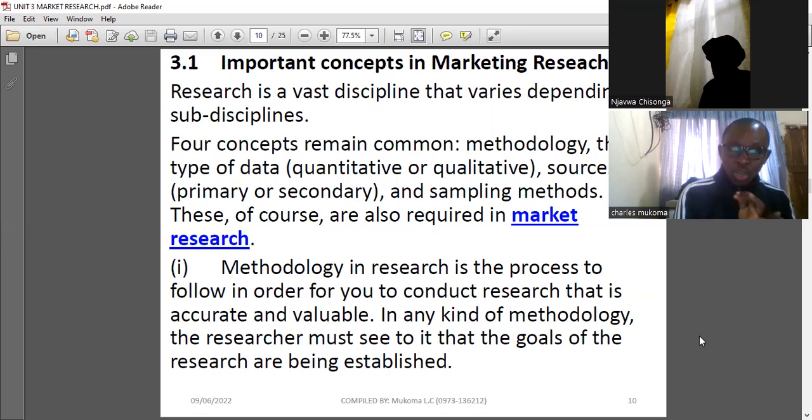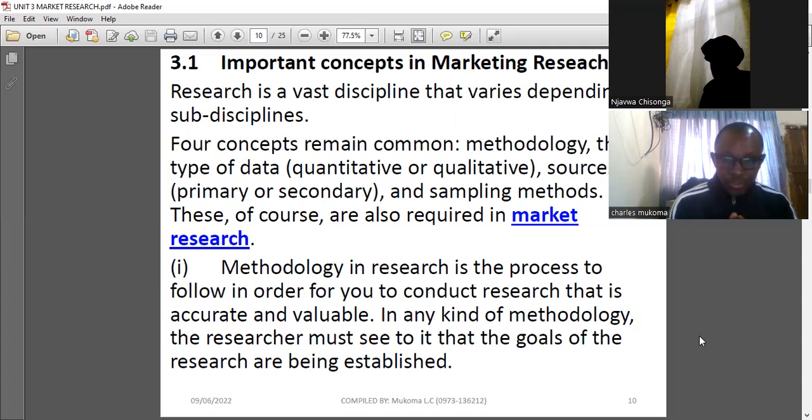There must be a methodology. The type of data. Is it quantitative data? Is it qualitative data? The sources of data. Is it primary source? Is it secondary source? The sampling methods. Okay, are you using probability sampling technique or non-probability sampling techniques? Okay, so these will always be there.